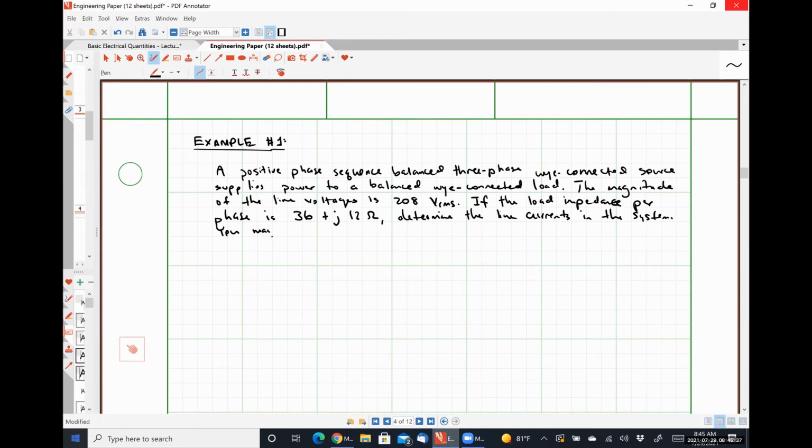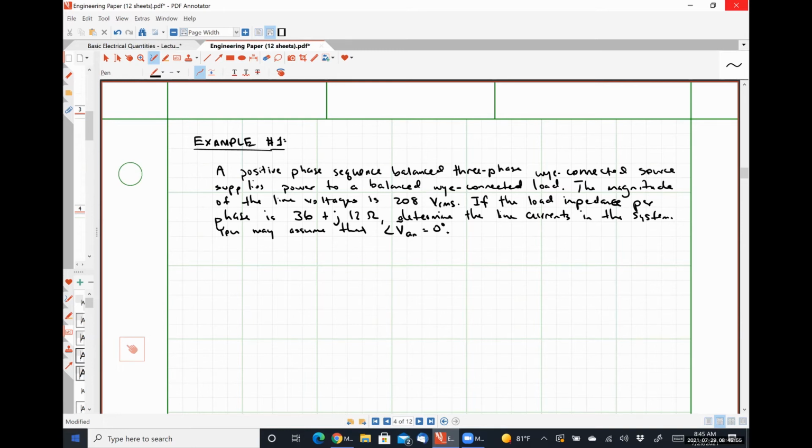You may assume that the angle for the voltage VAN is 0 degrees.